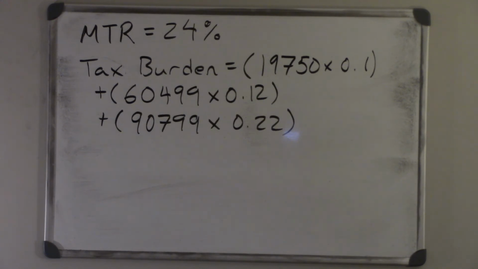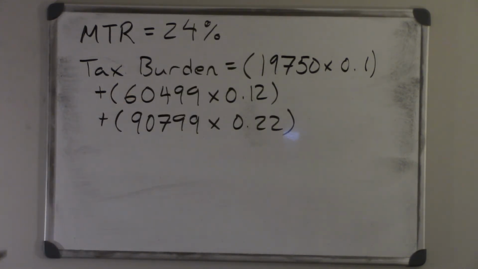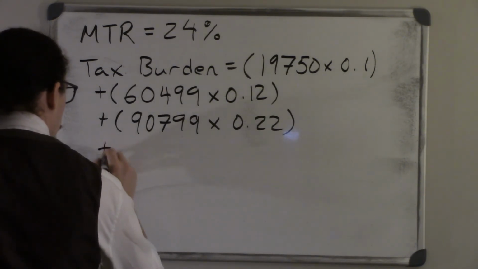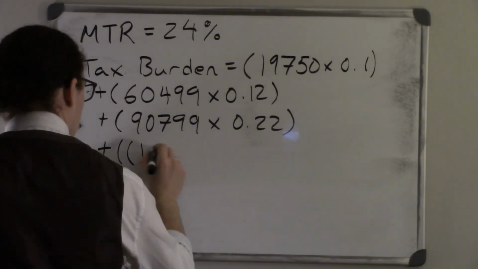And then finally we get to the fourth tax bracket. This is the one where we got our marginal tax rate from, with a tax rate of 24%. Our taxable income falls in the middle of this bracket, so we're not going to take the entire amount in that bracket.